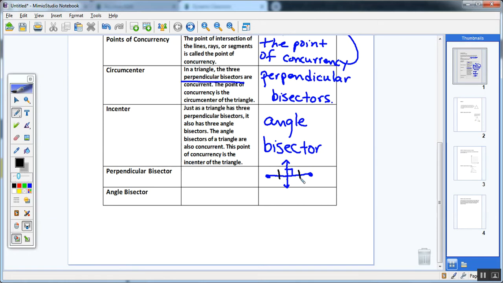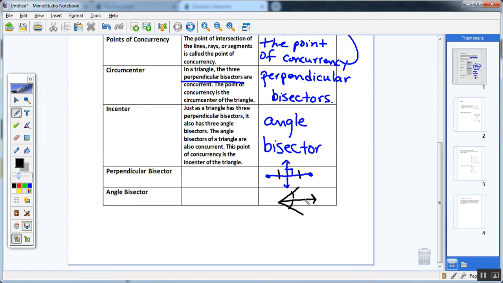If I picked any point on the perpendicular bisector, that point is equidistant from the endpoints of the segment. Equidistant is the word. And then you guys know that an angle bisector takes an angle and cuts it in what?